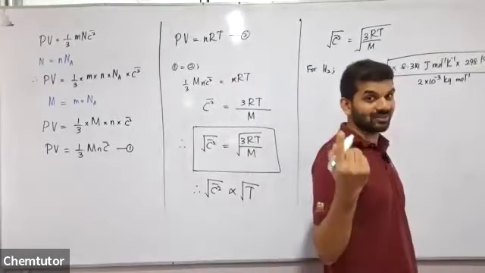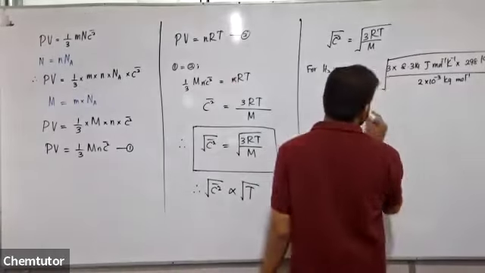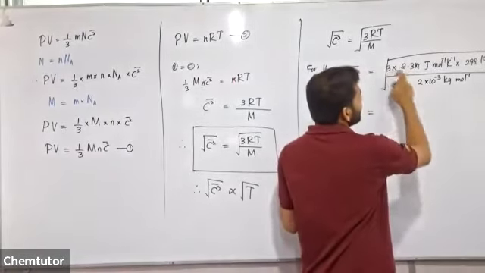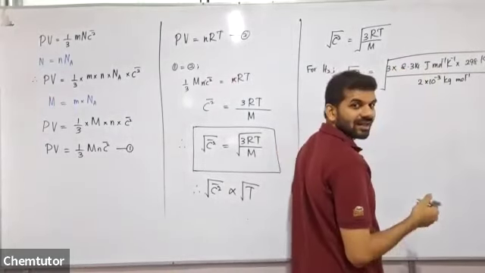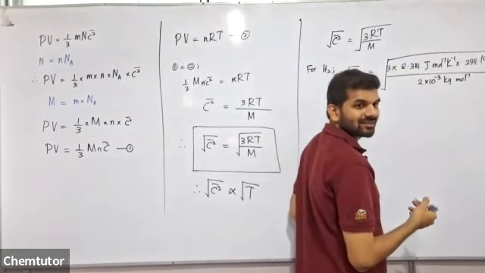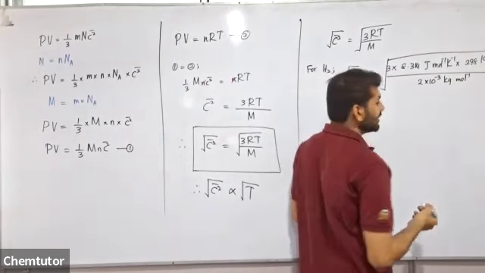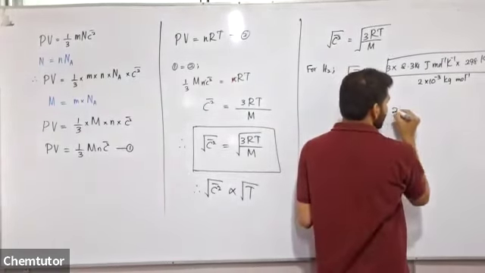Then the other thing: see 3 into 8.314. I asked you to get it as 25.